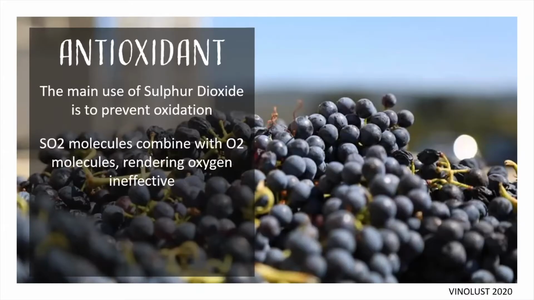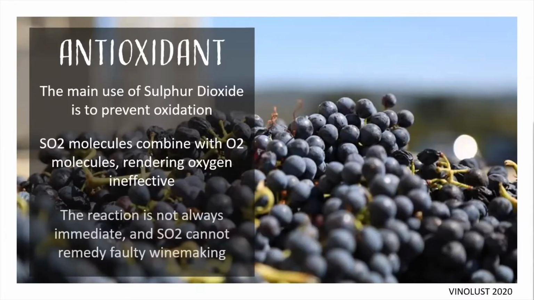Sometimes not really quickly, but the idea is that sulfur dioxide will bind with oxygen, and when it does that, the oxygen can no longer interact with the wine, the must, or any other element that is part of the winemaking process. Now, the tricky part is that the reaction can be slow.